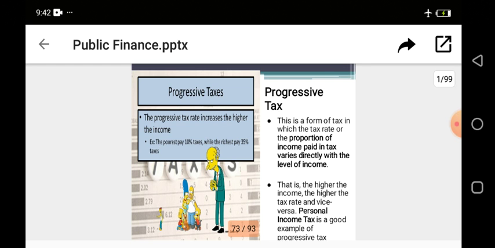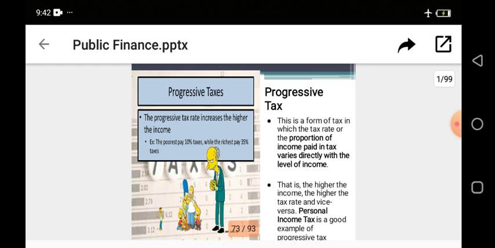So that means that there's a direct proportion between the income and tax paid, meaning if income is increasing, tax paid is also increasing. That is the higher tax rate. A good example of progressive tax is your personal income tax. So the more you earn, the more you pay.